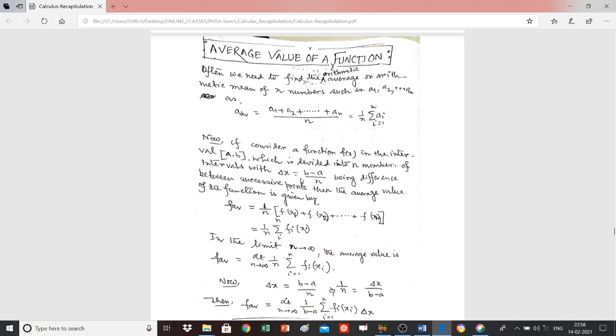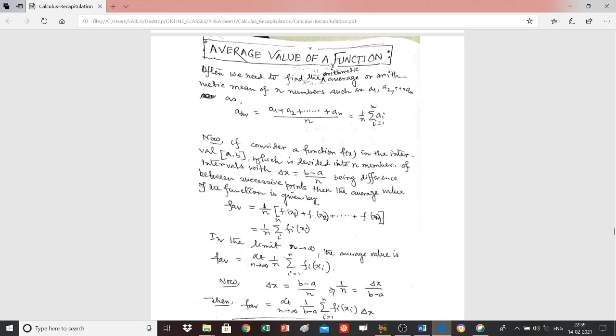First, think that the interval is divided into n number of intervals having equal difference between two successive points.